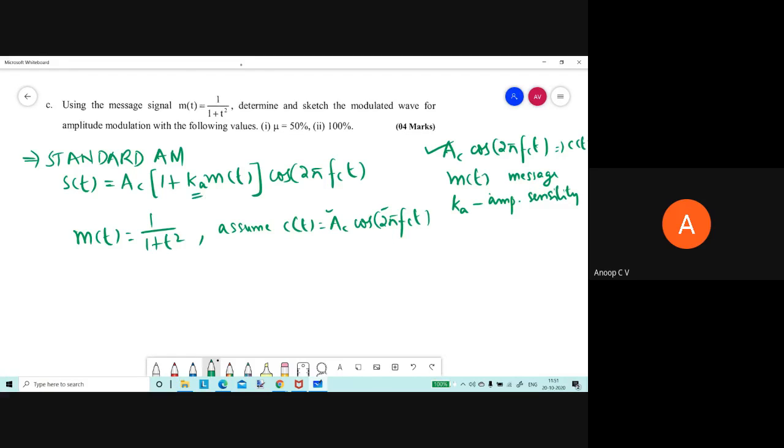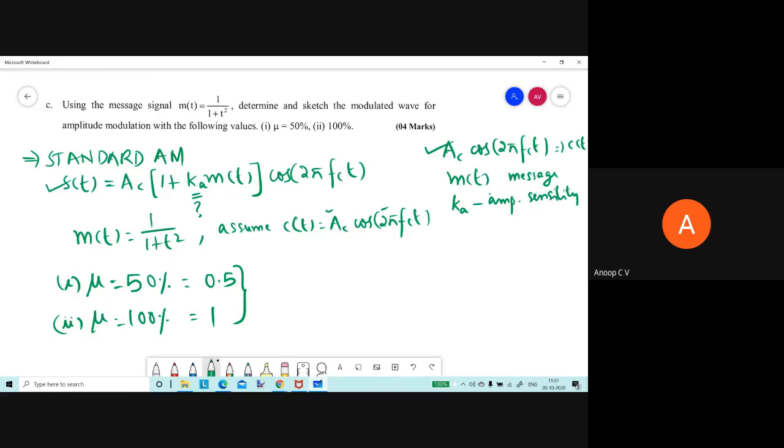But is this Ka given? Ka is not given as such. What is given is mu. In case 1, mu, the modulation factor or modulation index, is equal to 50% or 0.5. And in case 2, mu is equal to 100% or 1. So this is the expression we have to get.